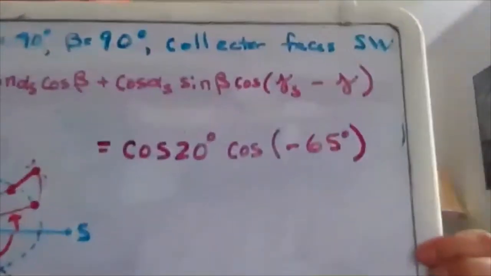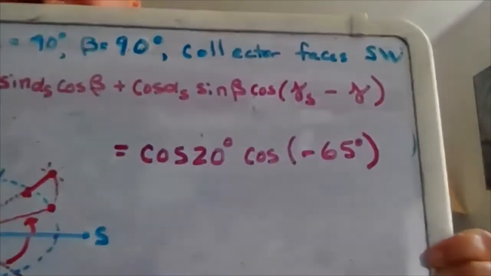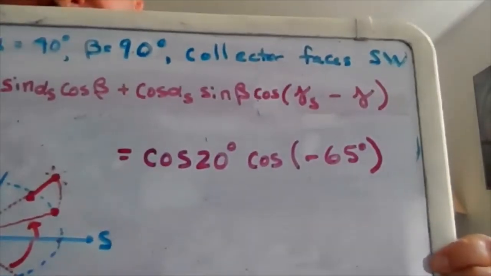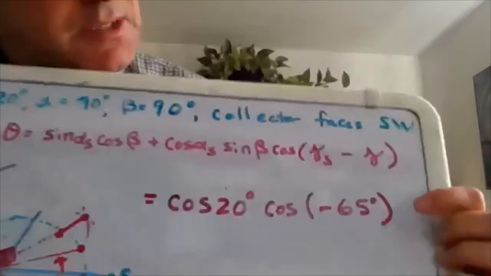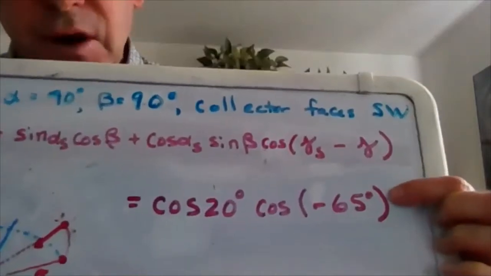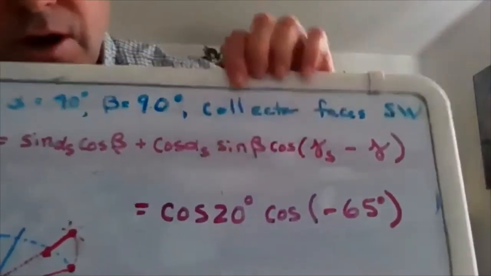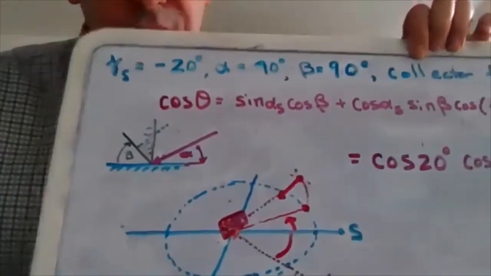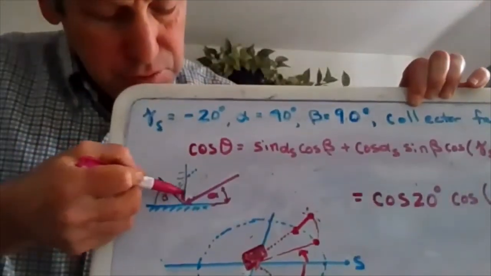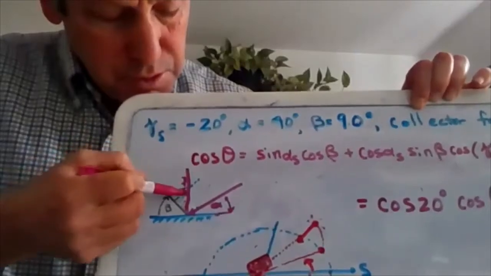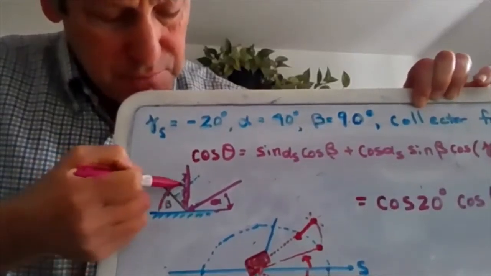Okay, so in this case, the formula simplifies to that one single term, and we can make some sense of it. This 65 is how far we are off horizontally, and this 20 degrees is how far we are off vertically. If you look at that picture, now we have this new tilted surface, tilted at an angle of 90 degrees.